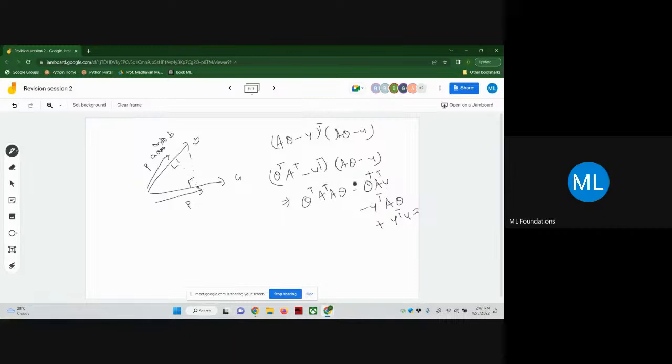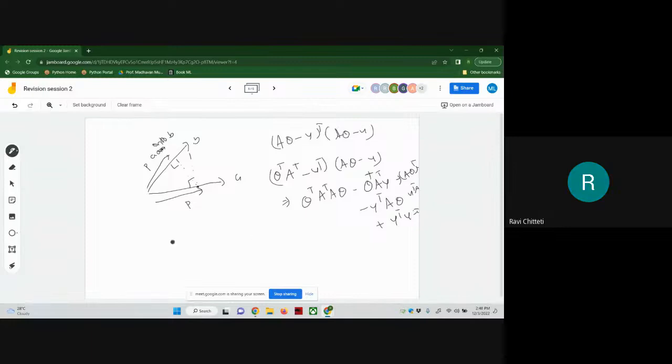See, theta transpose A transpose y and y transpose A theta are both the same, right? This you can write as (A theta) whole transpose multiplied by y, or y transpose A theta. Both are the same, like x transpose y and y transpose x.